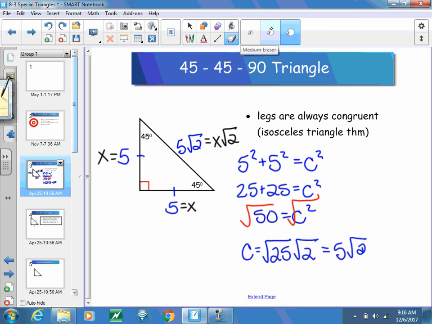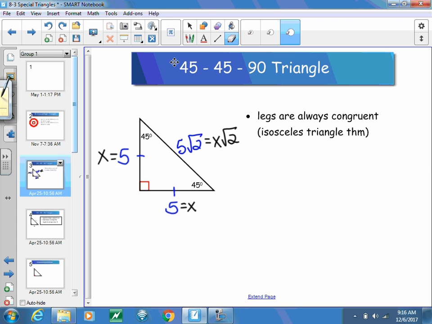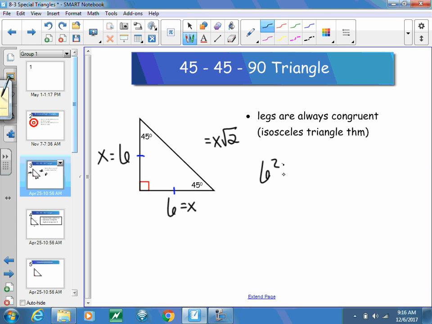If we were to do the same problem here, let's say we chose a side length of 6. So that means that we would have 6 squared plus 6 squared is equal to c squared. 36 plus 36 is equal to c squared.